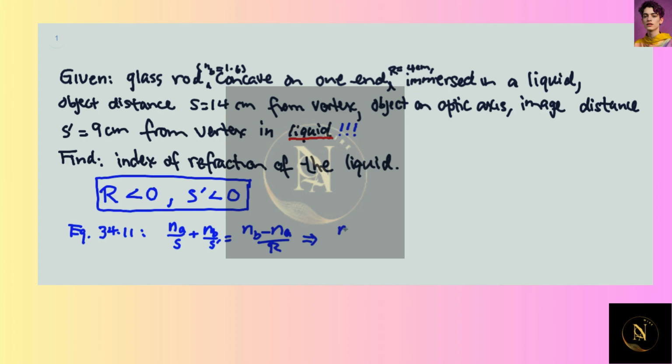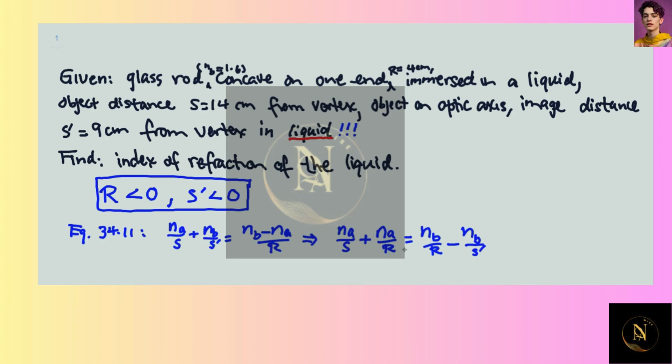So we have NA over S plus NA over R is equal to NB over R minus NB over S primed.